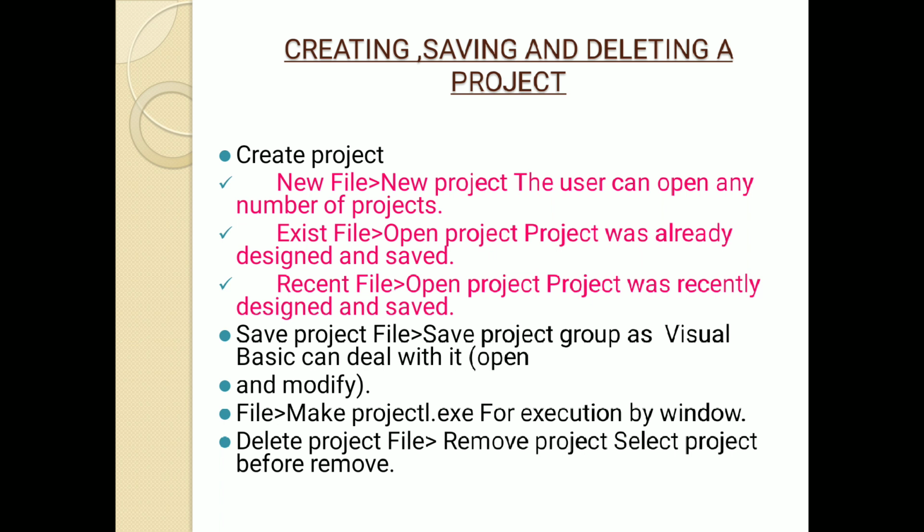Once again I repeat, you have to select start button, then you have to click Microsoft Visual Studio 6.0. Then the pop-up dialog box will be displayed. Then you have to select Microsoft Visual Basic 6.0. Then it will show the new startup dialog box.